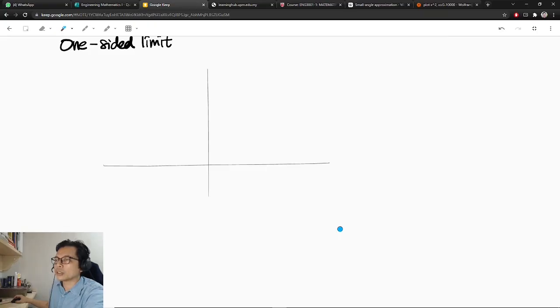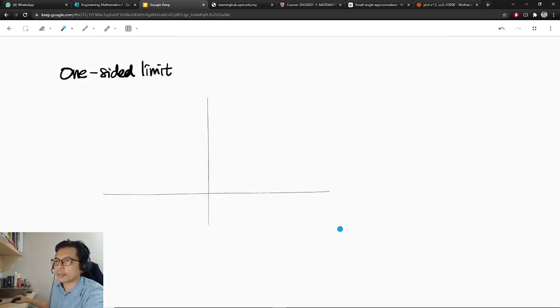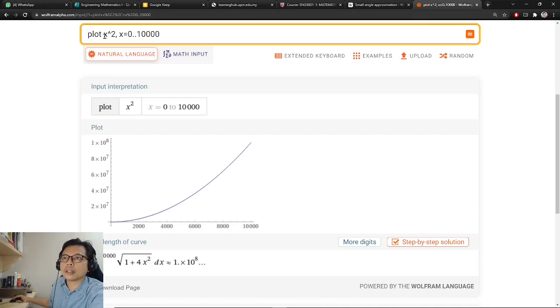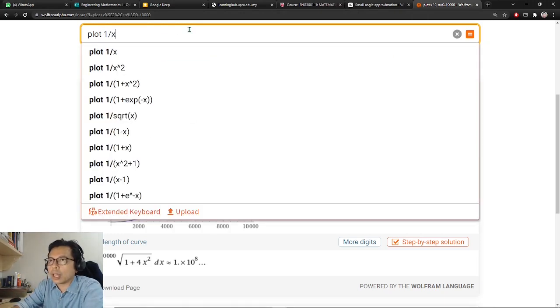So now I want to go through what we call a one-sided limit. I think I showed you a function just now. This is an example: 1 over x.